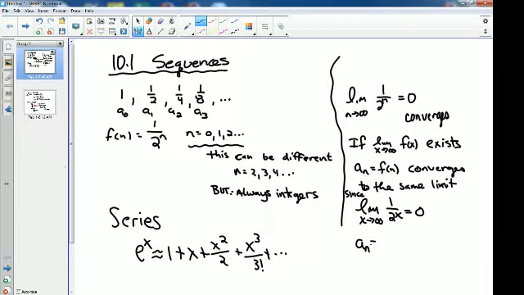A sub n equals 1 over 2 to the n converges. Okay. Now we're formally and properly accurate. A little nuance.